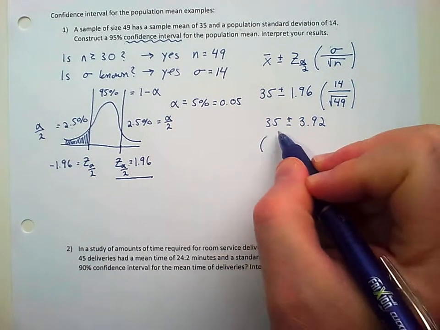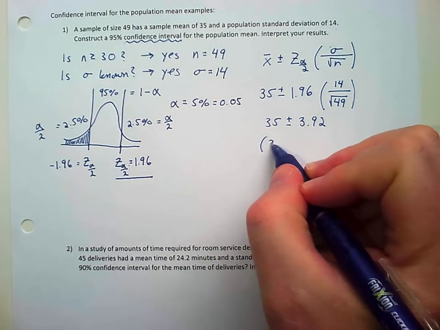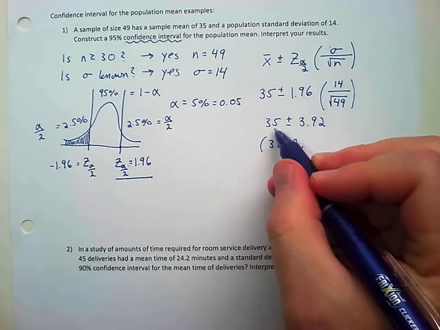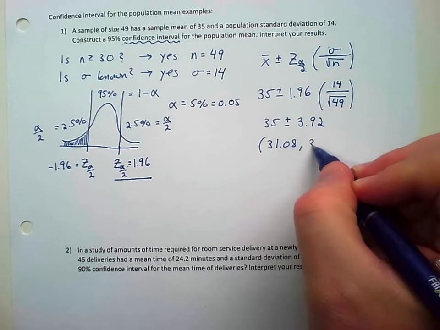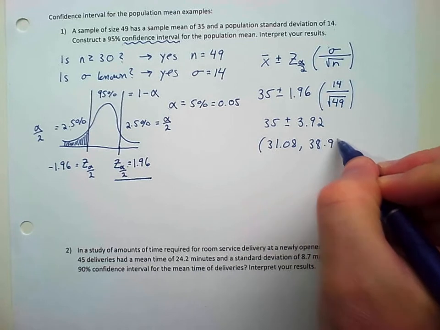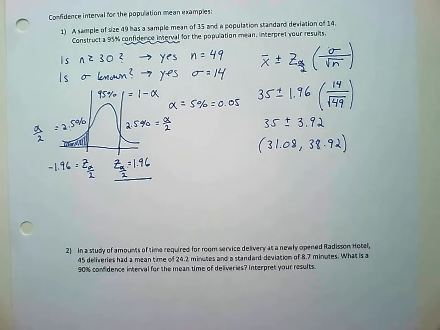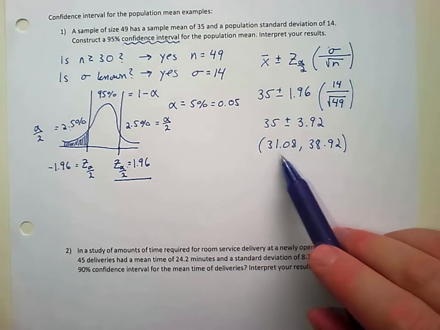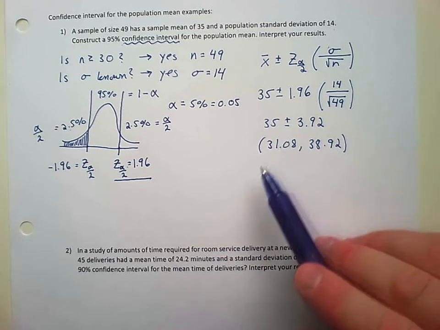So if you take 35 minus 3.92, it comes out to 31.08. And if you take 35 plus 3.92, it comes out to 38.92. So this right here is our confidence interval.